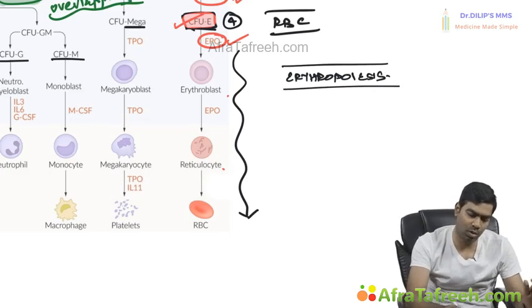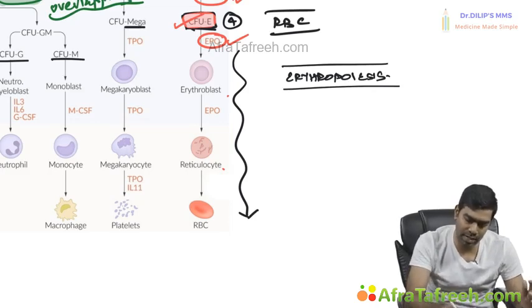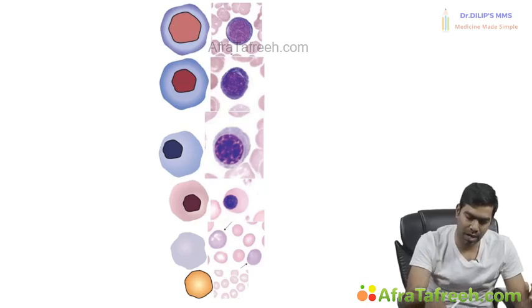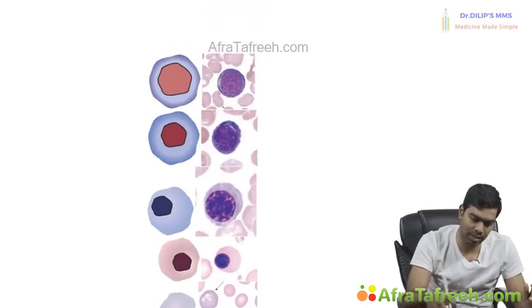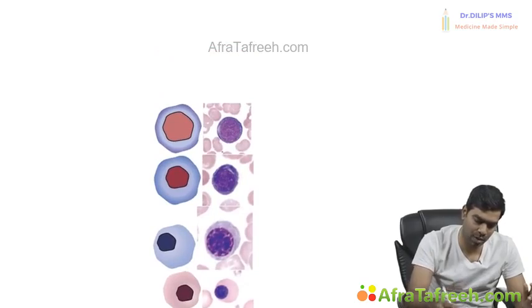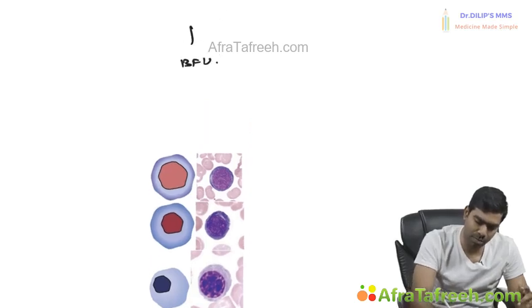How erythropoiesis kicks off from the blast forming unit we can see in a different picture, because I have not shown one thing in this picture. For example, initially you have the blast forming unit. This blast forming unit is going to come from the common myeloid progenitor, otherwise referred to as CFU-GEMM.